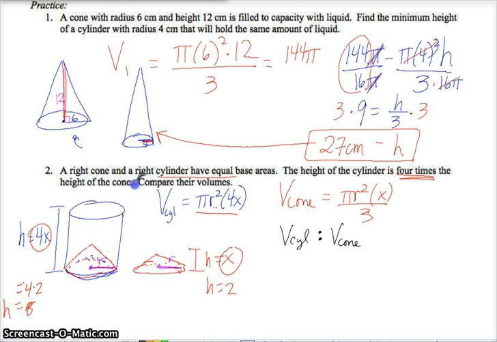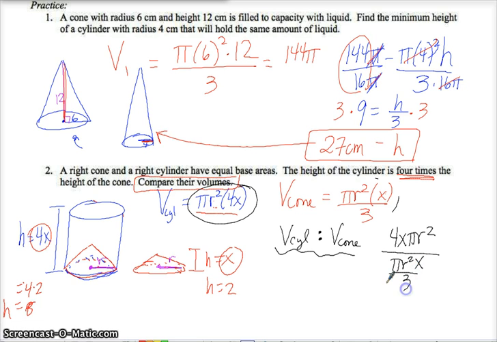So it says compare their volumes. When we compare their volumes, we usually get a ratio. We want to compare how much bigger is the cylinder's volume than the cone's volume. So if you took this volume, which would be 4x pi r squared, and we did the ratio to the cone's volume, which is pi r squared x divided by 3, we can start canceling like terms. So pi r squared, or pi and pi cancels, r squared and r squared cancel, x and x cancels.